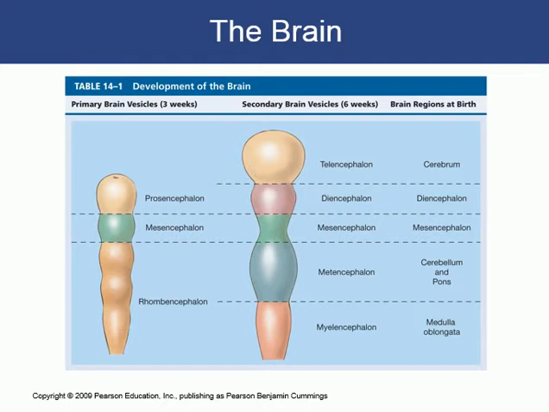Metencephalon will give you the cerebellum and pons, and the myelencephalon will give you the medulla oblongata. These are the parts that we were talking about in this slide. So this is what we have after birth, but the three give you 5 first, at the age of 3 and then 6 weeks, and this will stay as is at birth and throughout life.